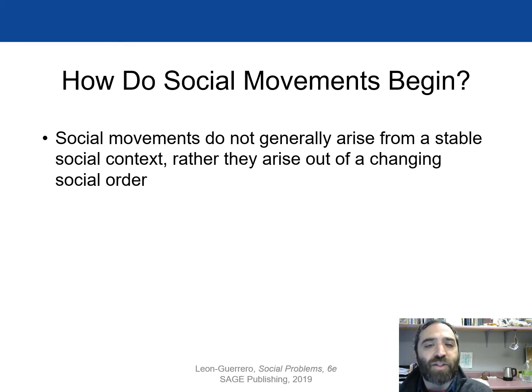All right. Social movements do not generally arise from a stable social context. Rather, they arise from a changing social order. So if you think about things that are happening right before big social movements occur, there's generally something seemingly unrelated.